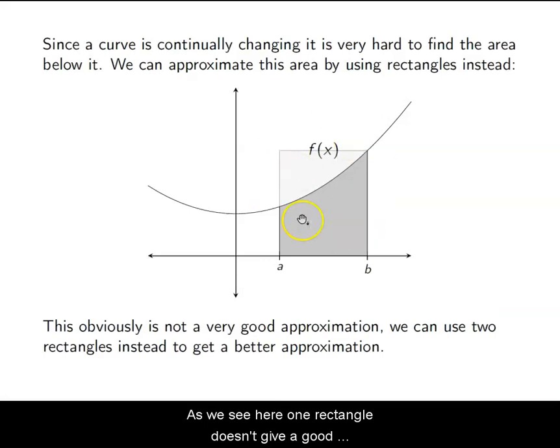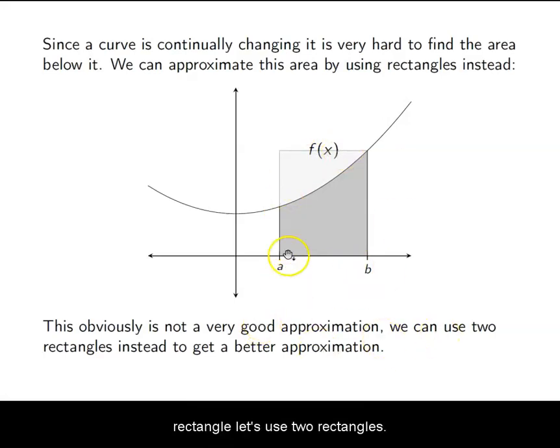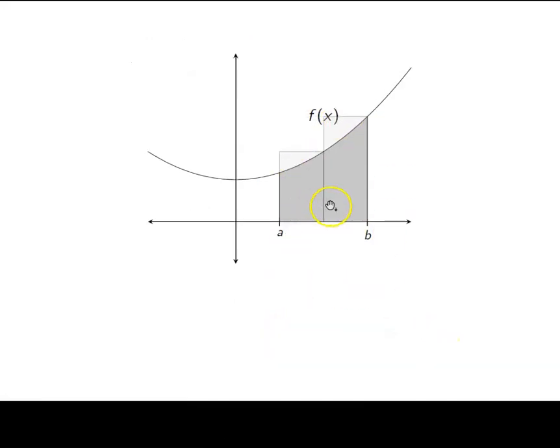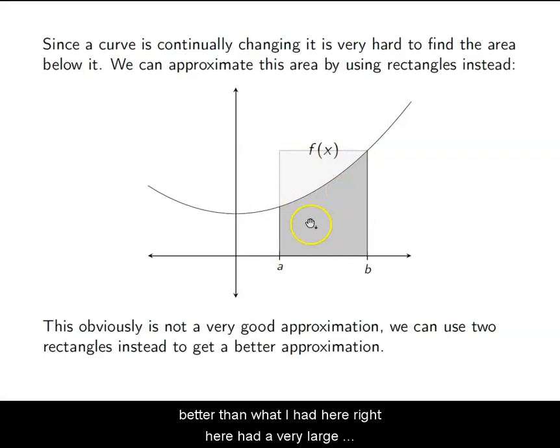So, as we see here, one rectangle doesn't give a good approximation, right? If I use the left side as the height, it's not a good approximation either. So something better to do is, over the line from A to B, instead of using one rectangle, let's use two rectangles, okay? As you can see, it's still an over approximation, but it's much better than what I had here, right?